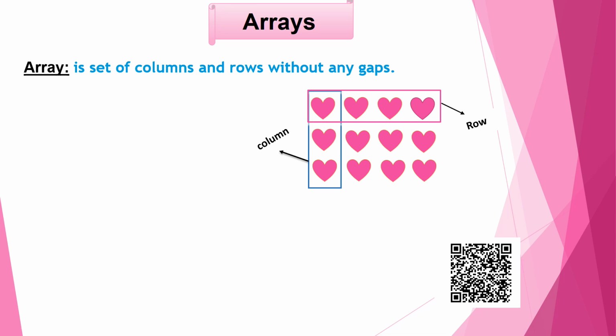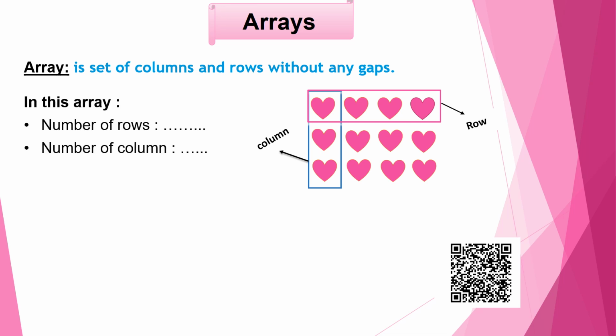Okay, and we said columns are the items which are arranged in a vertical way or vertical direction. And rows are items which are arranged in a horizontal way or horizontal direction. In this array, the number of rows. How many rows here?